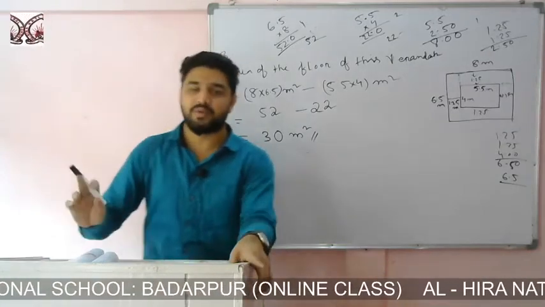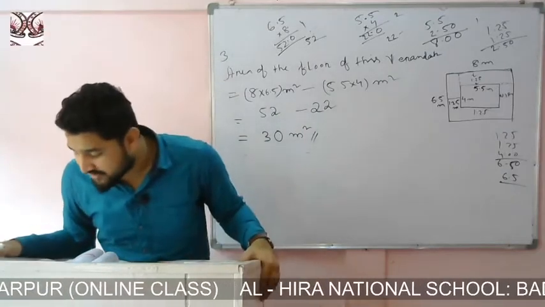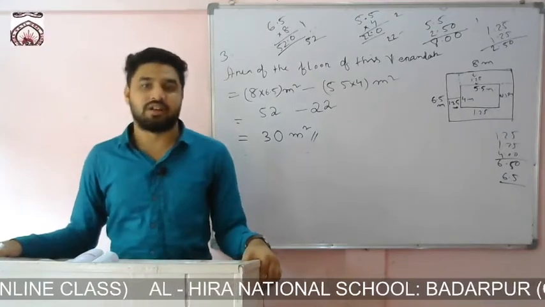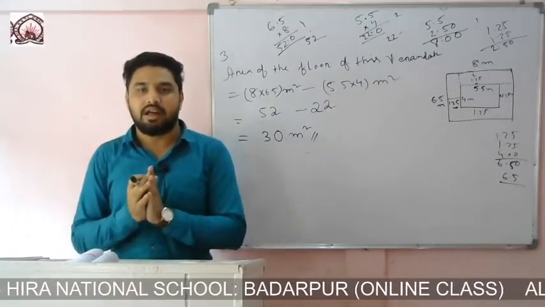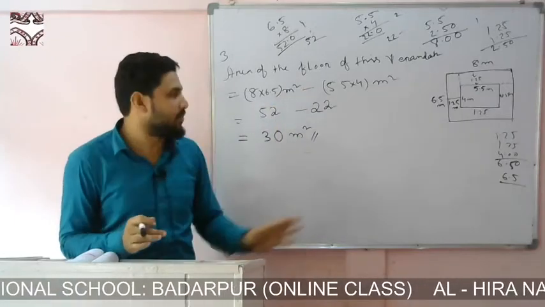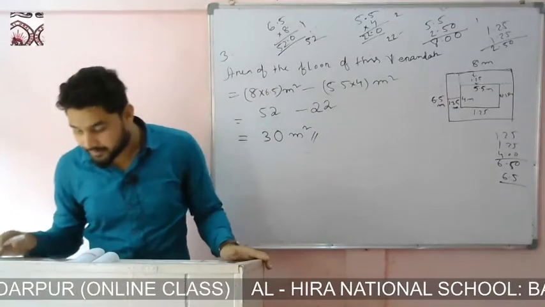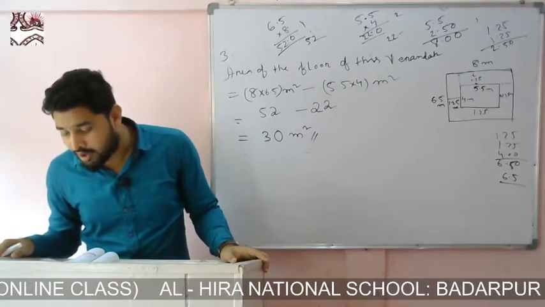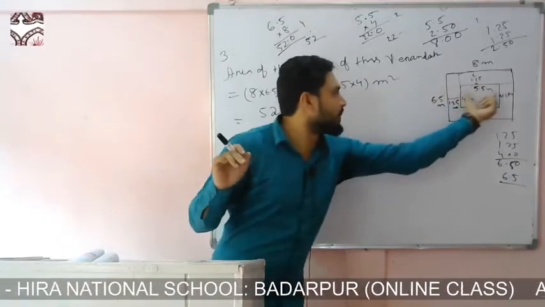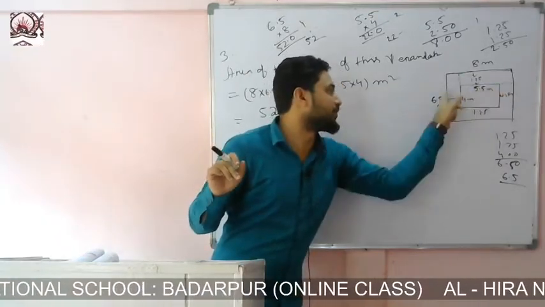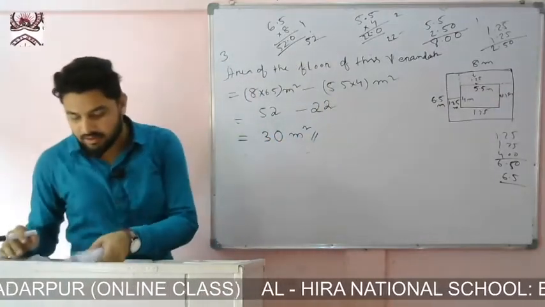That means first you have to find the area of the remaining sheet after cutting, and also find the area of the strip cut out, that is, which portion has been cut out. Okay, so first you see the diagram.